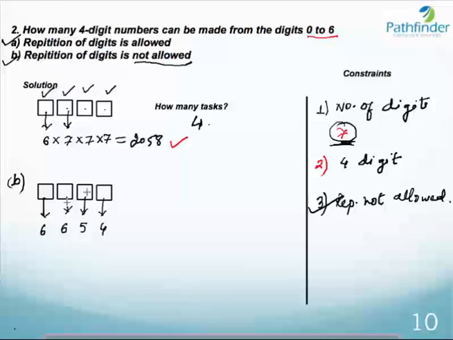And because all these 4 tasks, placing digits at the thousandth, hundredth, tens and units place, are mandatory, we will multiply 6 into 6 into 5 into 4, that will give us 720 numbers. So this was a similar question, except that we had limits on the number of digits and we could only use digits from 0 to 6.